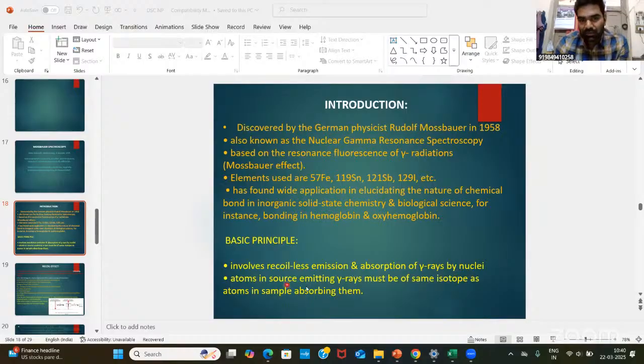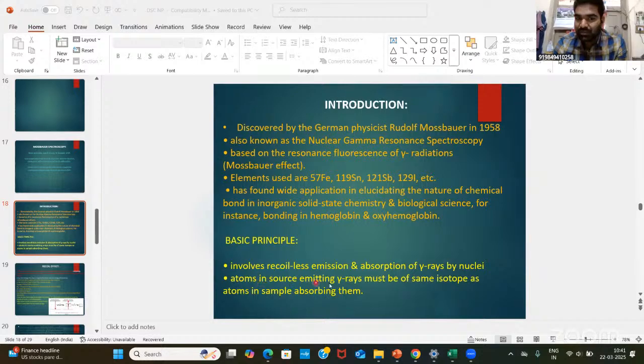Atoms in the source emitting gamma rays must be the same isotope as atoms in the sample absorbing them. So the atoms in the source which give energy to other atoms must be the same as the absorbing atoms. The emitting source and absorbing sample must have the same isotope.